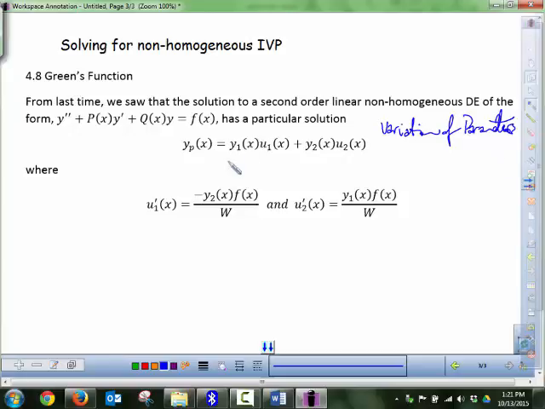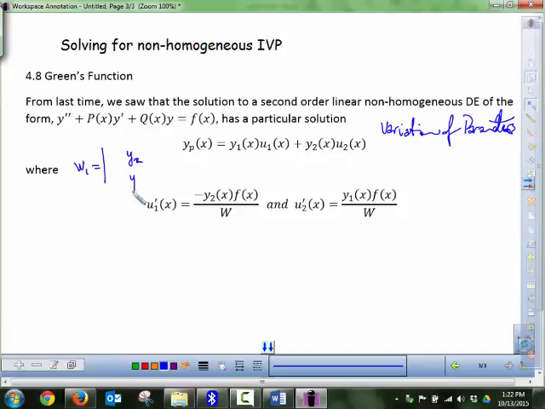And the particular solution is the fundamental solution, each of those times a u1 and u2 function. And the u1 function comes from the Wronskian. And notice the numerator doesn't look like the Wronskian, but it actually is exactly that modified Wronskian. So if we write down the modified Wronskian W1, remember W1 keeps the second column the same.